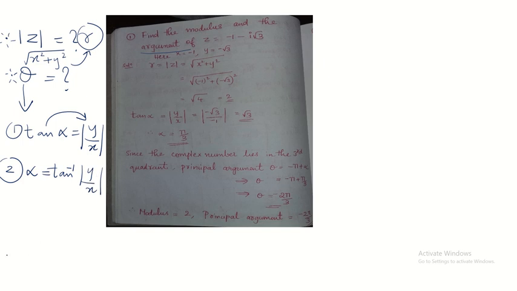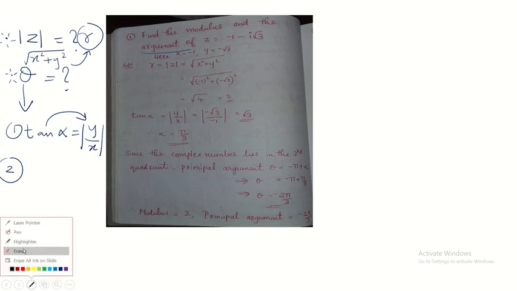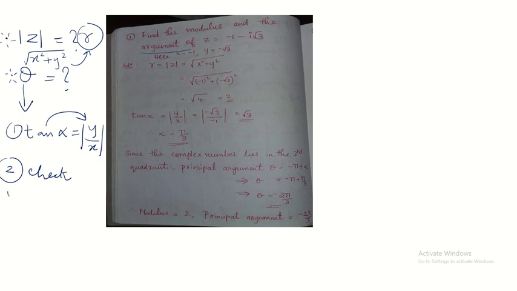This is not required for the time being; just understand the value of alpha. First step is to find tan alpha. After that you have to check where alpha lies, that means the quadrant you have to check. Then you'll get the value of theta.